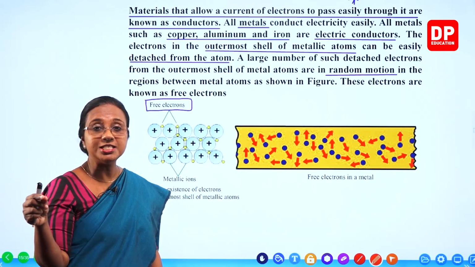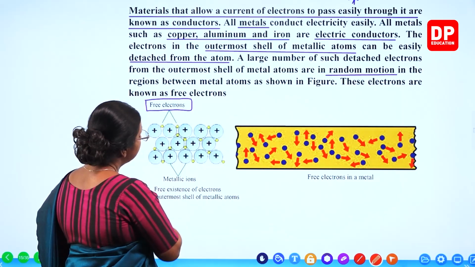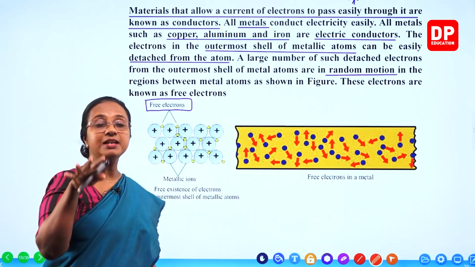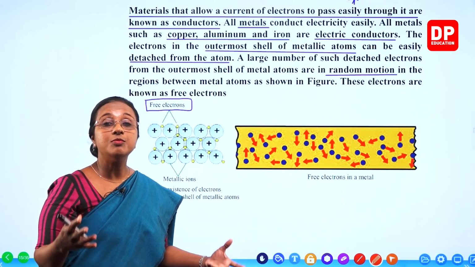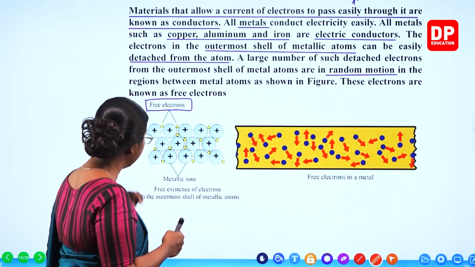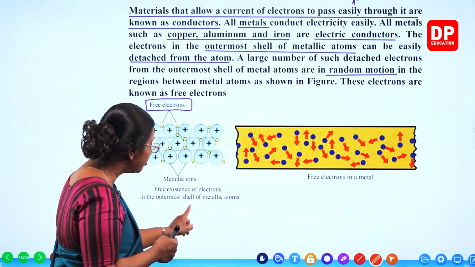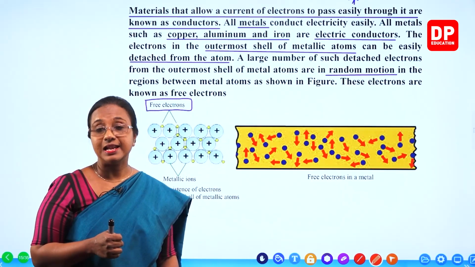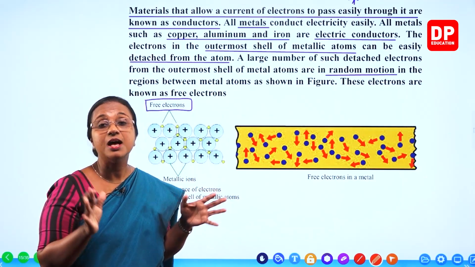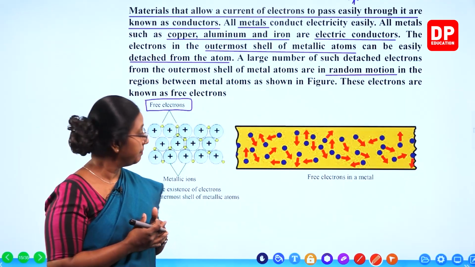They become point charges, and between all these positively charged metallic ions, these free electrons can move around. They can move freely. So they are mobile electrons, movable electrons. Free existence of electrons in the outermost shell of metallic atoms. That is how a metal is made, the structure of a metal.